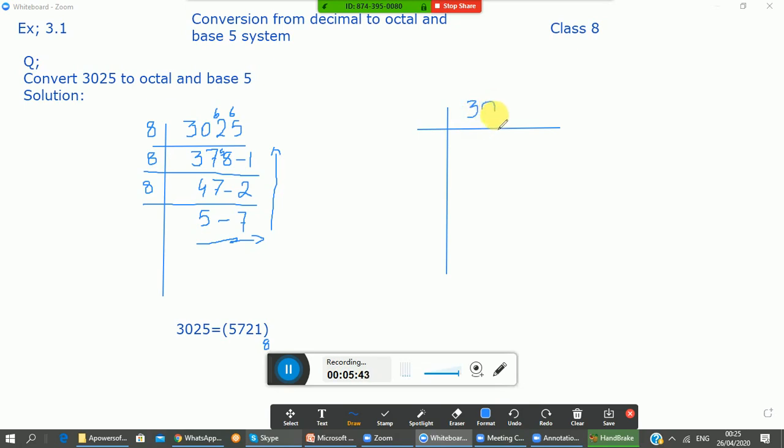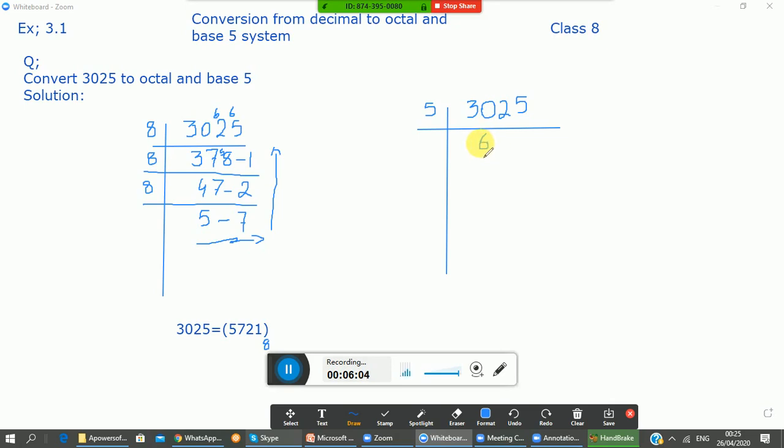Write the given decimal number here, 3025, dividing with the table of 5. So 3 is not divisible. Combine next digit, it becomes 30. So read the table up to 30.